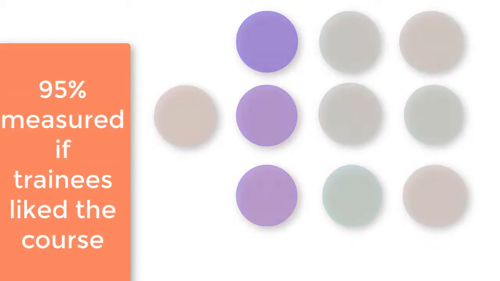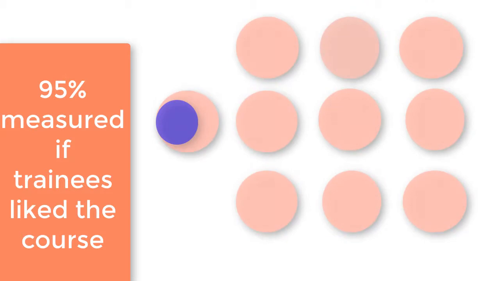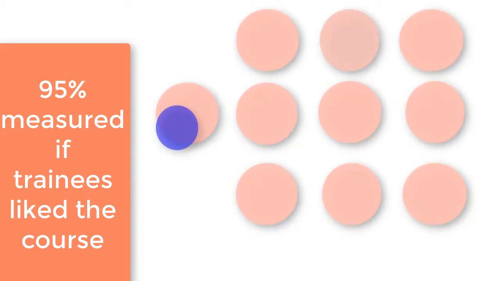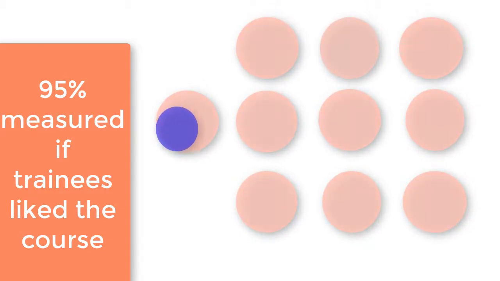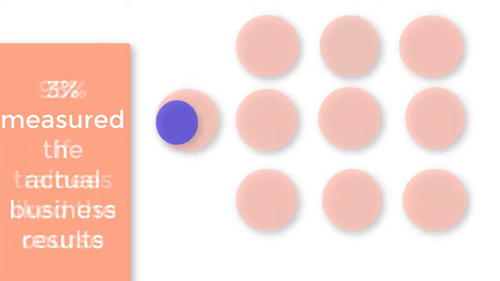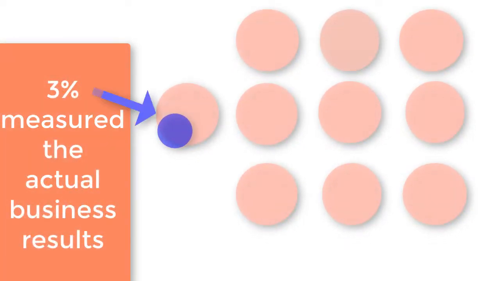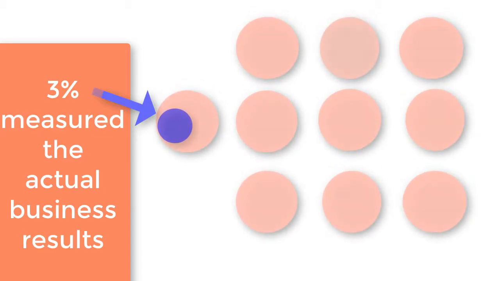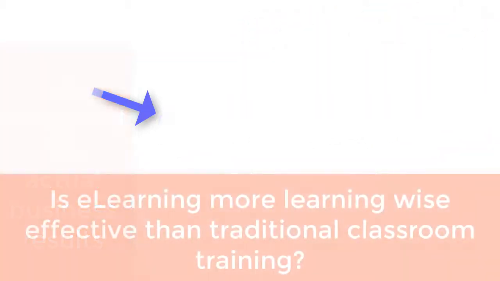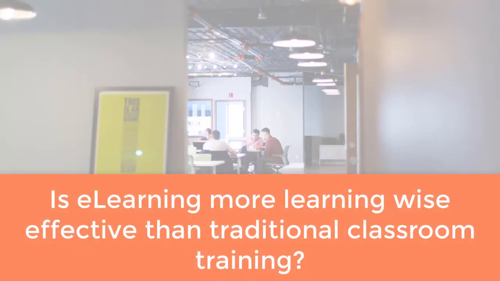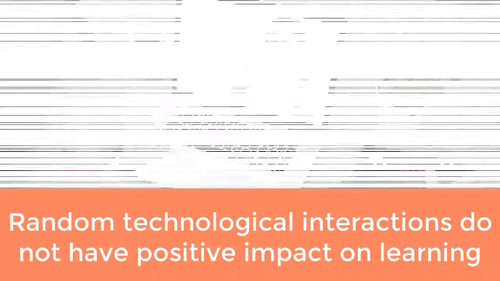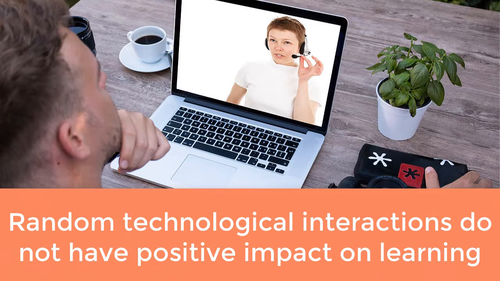This study also found that while 95% of the surveyed organizations gauged trainees' reactions to courses, for example, how well they like the courses, only 3% of respondents make a real effort to measure the business result of training programs. In other words, we don't really know if the learning we design is helping our learners learn more as compared to traditional classroom-based approaches. Randomly including technology-based interactivities in learning design certainly has a limited or probably negative effect on learning efficiency.